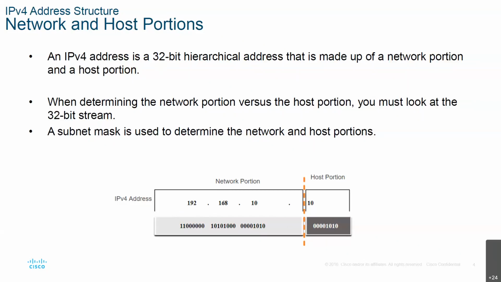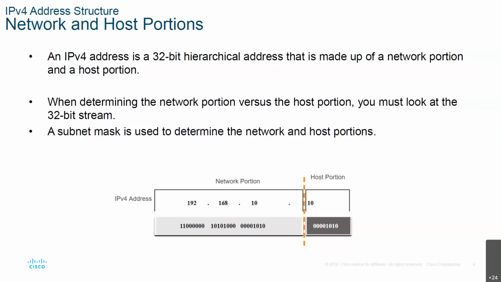The network portion in the network always remains the same. The host portion keeps changing depending on your devices. If you have got 10 devices, then perhaps you can start with 1 to 10 and so on. Okay, depends on the network address of your network. Okay, so this is IPv4.